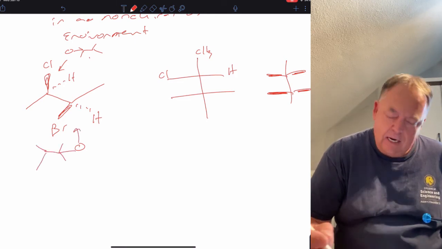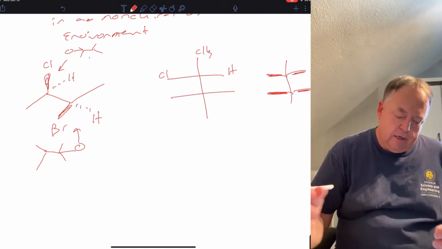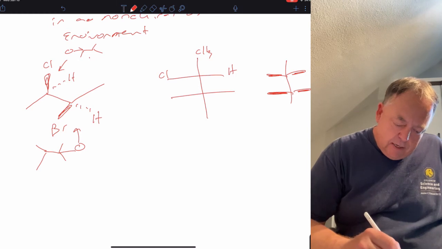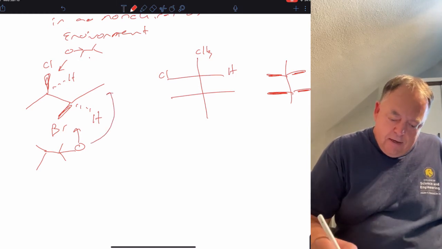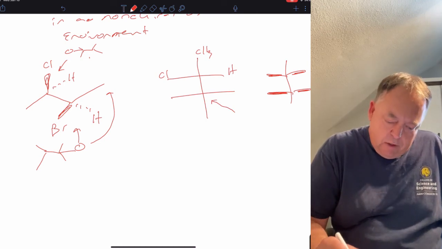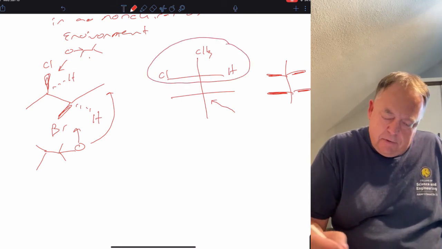If you're laying on the bottom of the piece of paper looking up, then you would, no, we can't do that, because that would put the methyl towards your head. But we have already defined that this is going to be the carbon with bromine on it, and we have already defined that this is going to be on top.